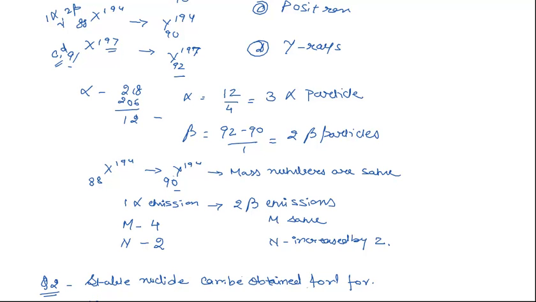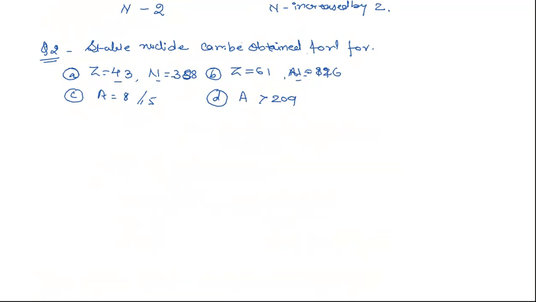Z is the atomic number. Now in this case, the number of neutrons will be equal to 45. Is this the magic number of neutrons? No. So a stable nuclide will not be formed.